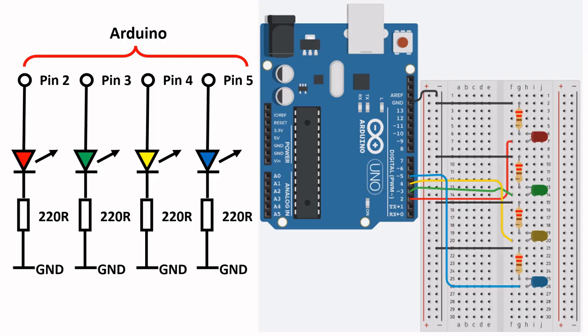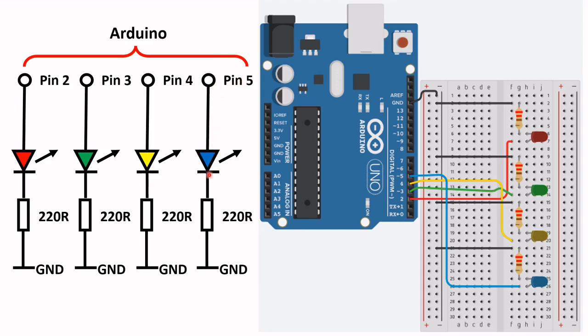All right, to test the code, we require some hardware. And here's the schematic, or circuit, that we need to build to interface it to the Arduino Uno. Let's take, for example, pin 5. We've got this blue LED. The anode is connected to pin 5.